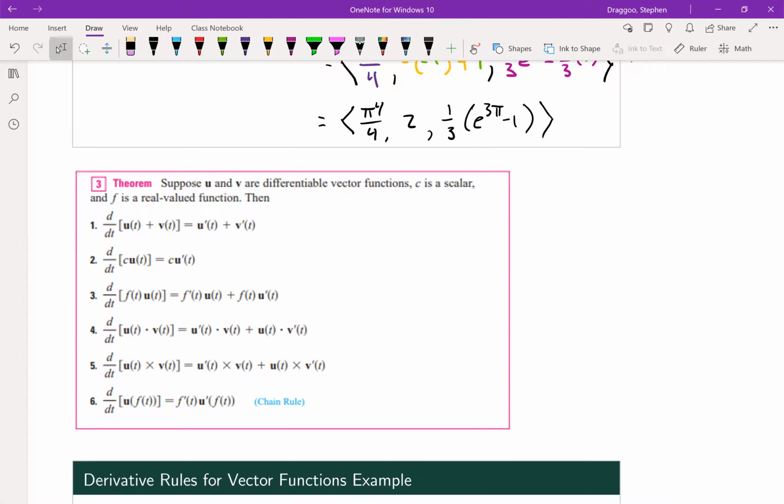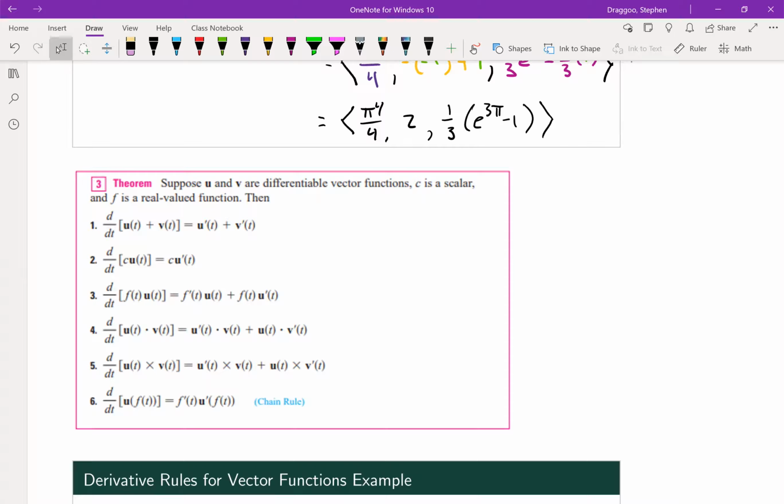So f is just a function like what we're used to seeing. And we have much the same rules that show up. The top is just the sum rule for vector functions. If we have a constant being multiplied in, we can just not worry about the constant and take the derivative of the vector valued function, multiply the constant at the end.